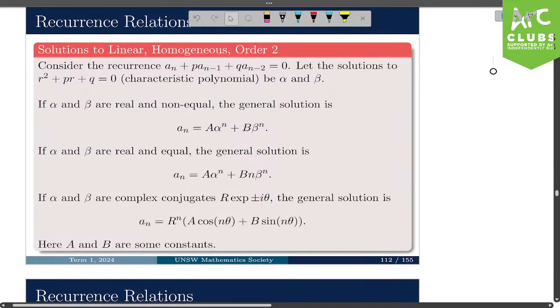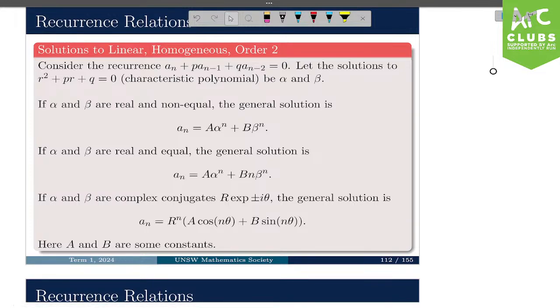So if you have the recurrence relation a_n + p a_{n-1} + q a_{n-2} = 0, and you consider your characteristic polynomial, where we basically transfer the coefficients of this recurrence relation into a polynomial, and you let your solutions be alpha and beta, you can get that your a_n is equal to the nth power of alpha plus the nth power of beta, times some scalars.